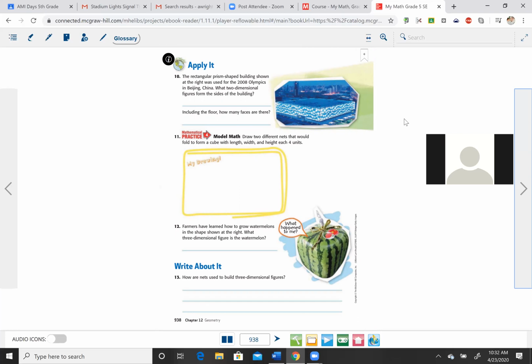So there's 4 walls. Is there a ceiling? Yes. Is there a floor? Yes. So how many faces are there? 6. Because there's 4 walls and then there's a roof and a ceiling, right? Yes. So if I asked you to, could you measure that wall in front of you?